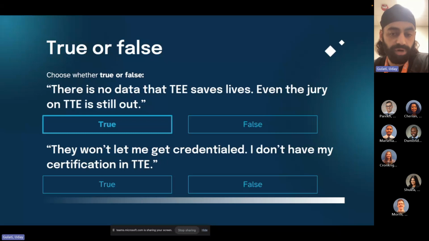And that data is out there too. There have been both fellowship programs and non-fellowship programs that have studied this. Looking at a patient, did I have an answer to why the patient's in shock? Then they did a transthoracic echo, and 80 to 85% of them got a pretty confident answer as to the cause of the shock. For the remaining 14%, they did transesophageal echo, and then only 1 to 2% were left where they didn't feel like they had an answer.